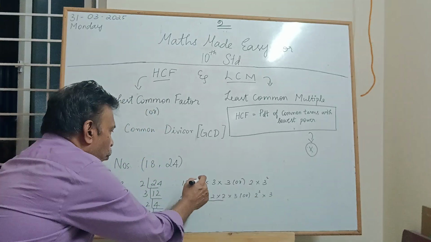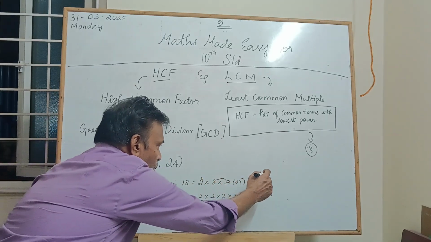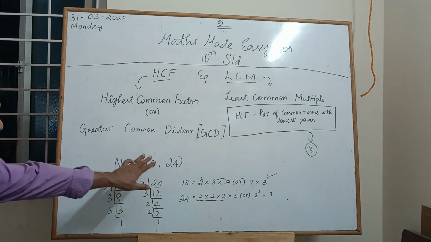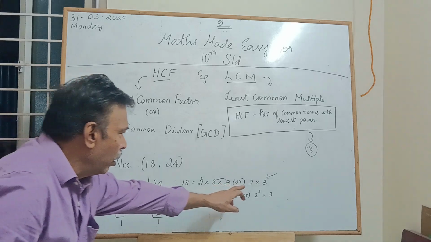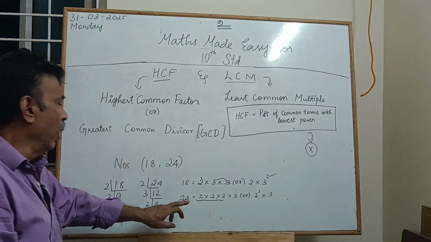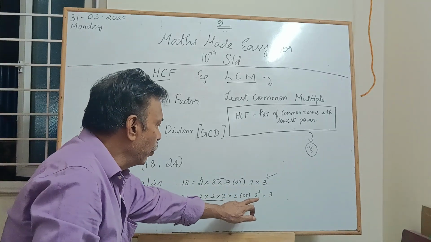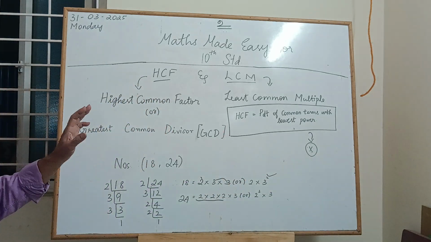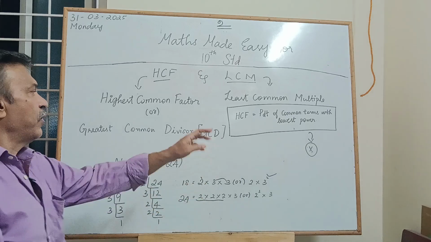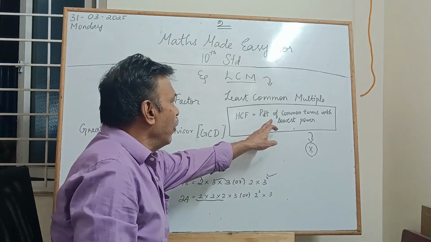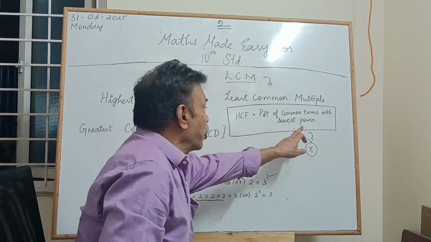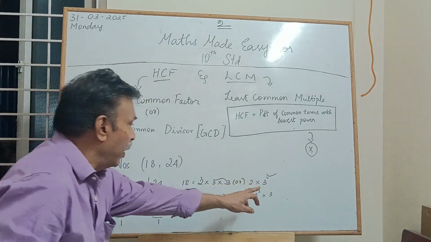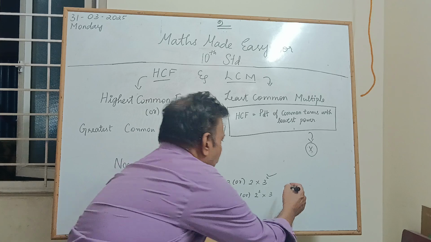Here we have one 2 and two 3's, that is why it is called 3 squared. Is it understood? So 18 is equal to 2 into 3 squared, and 24 is 2 cube into 3. So what does HCF say? The HCF is the product of common terms with the lowest power. See here, the lowest power in this case is 3.